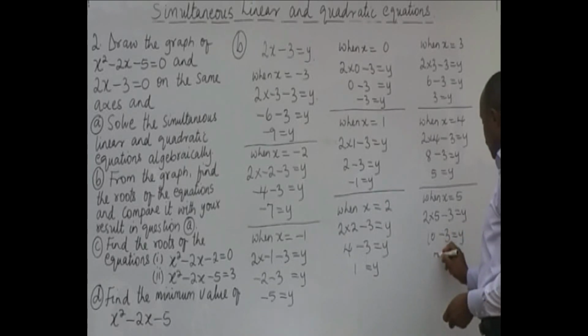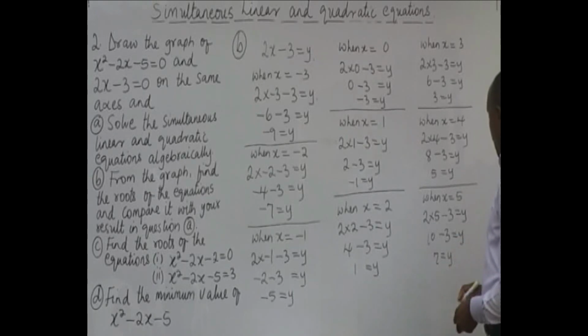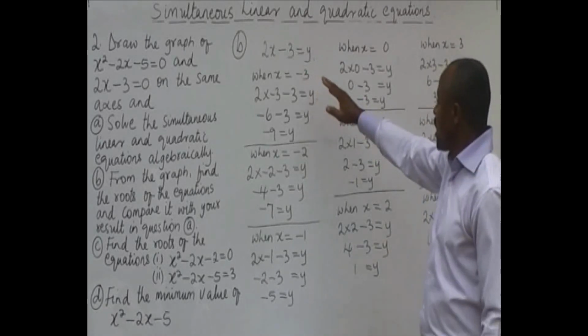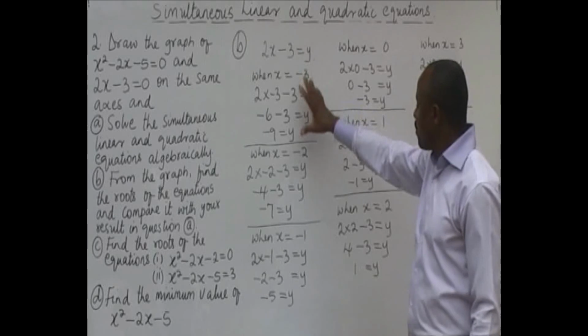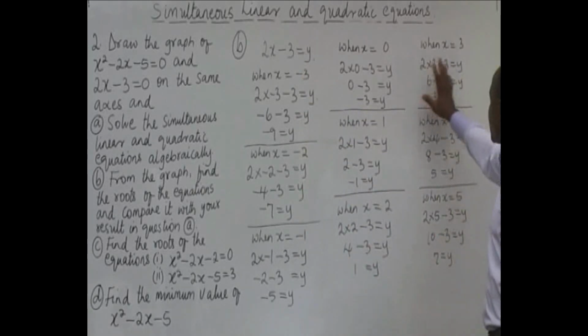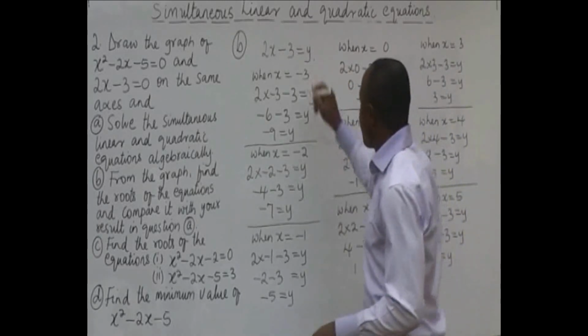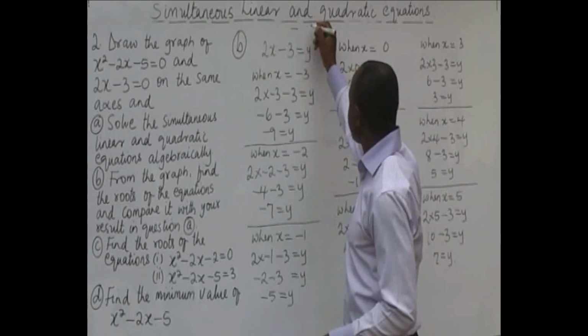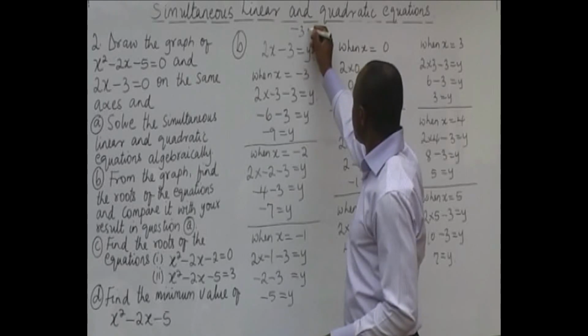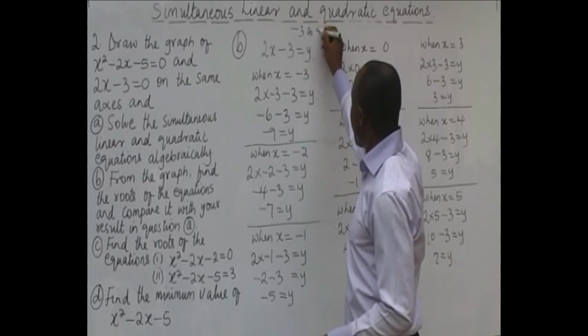That means 7, which is the value of 10 minus 3, becomes the value of y at that level. You can see, in this case now, we have derived the corresponding values of y for the values of x ranging from minus 3 to 5.